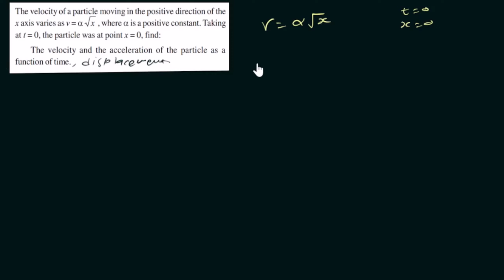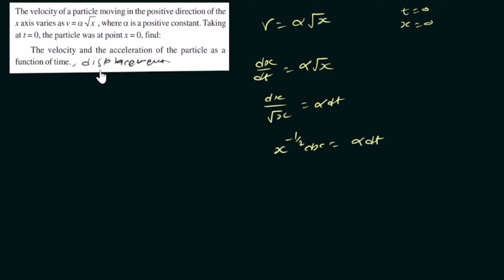So here we can take velocity as dx by dt equals alpha root x. So this will be dx divided by root x equals alpha dt. I can write it as x to the power minus half dx equals alpha dt. Now we are going to integrate this equation.